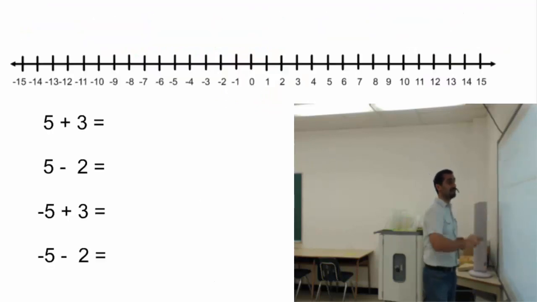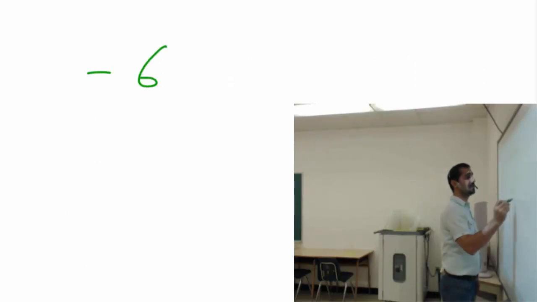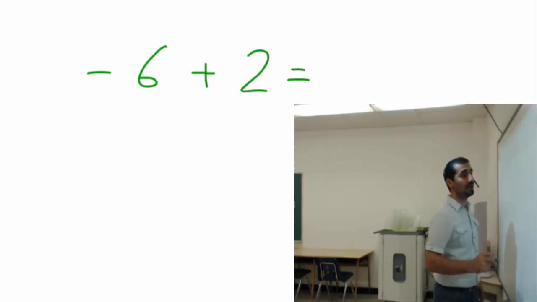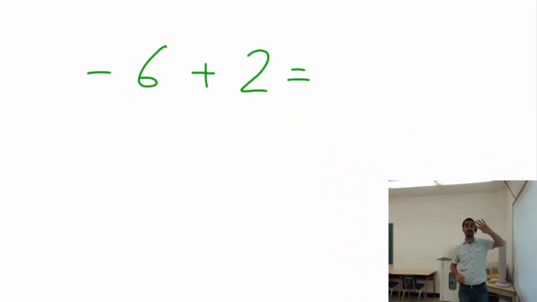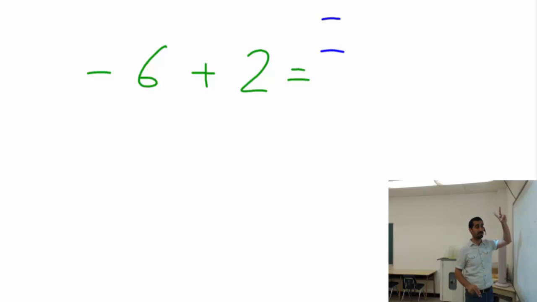So we'll come back to here. So let me go back here. Before I go there, let me tell you this. What is minus 6 plus 2? So we have four possible answers here. Number one, it could be a negative number, another negative number, that's number two.